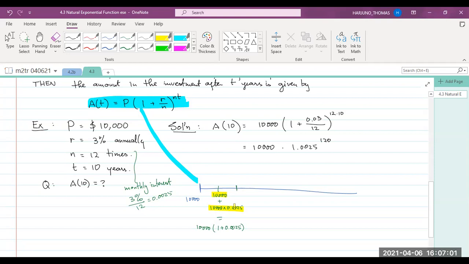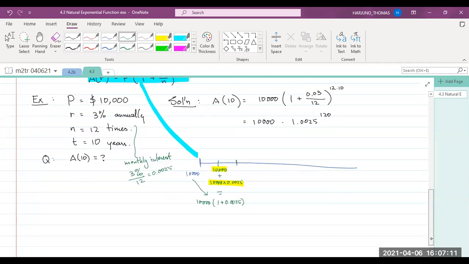But you see that every time we jump 1 month, you basically multiply by 1.0025. So the second month you will have 10,000 times 1.0025 times another 1.0025. This is the amount of money after 2 months. The amount of money after 3 months will be to the power of 3.